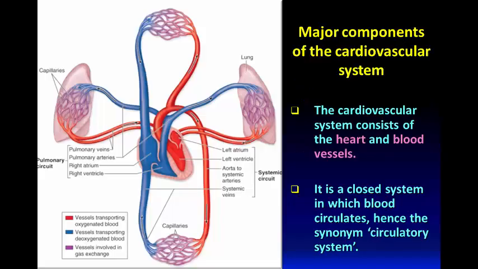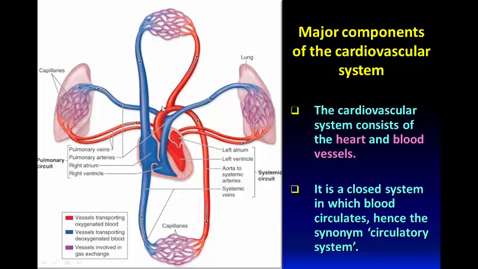As you all know, the human body is composed of a number of body systems with coordinated and integrated functions. One of the important body systems is the cardiovascular system. This system consists of the heart, which functions as the central pump of the cardiovascular system, the blood vessels, and the blood which circulates along the blood vessels.